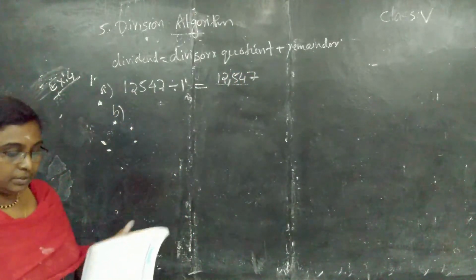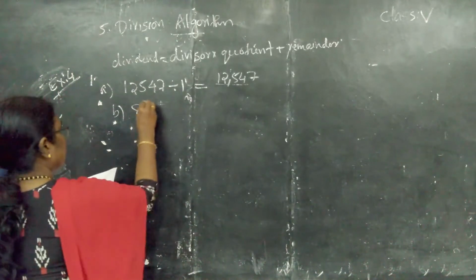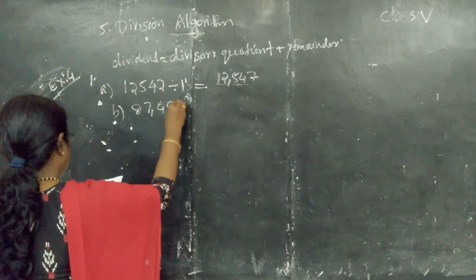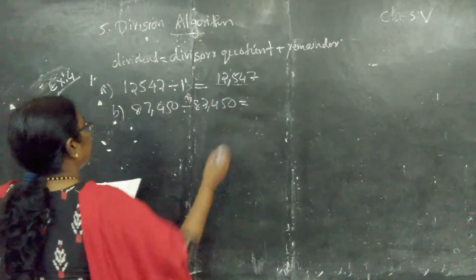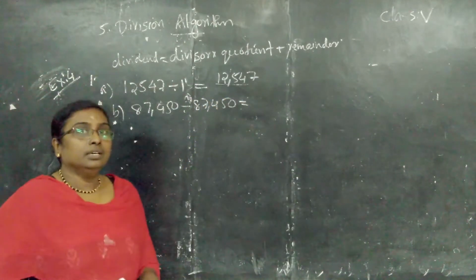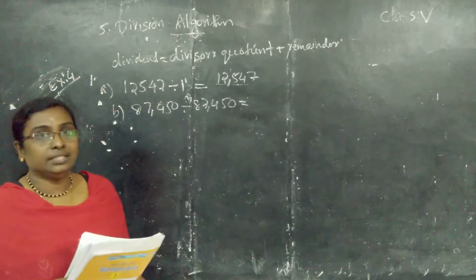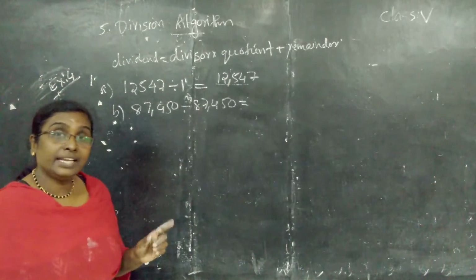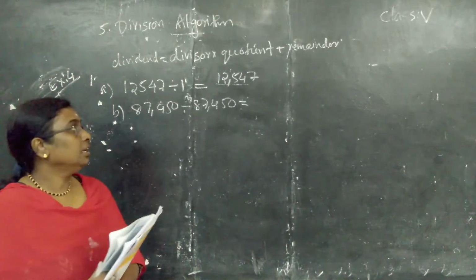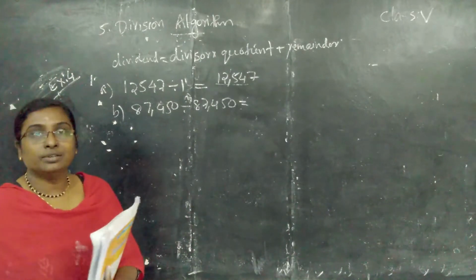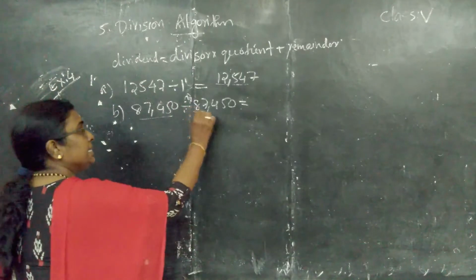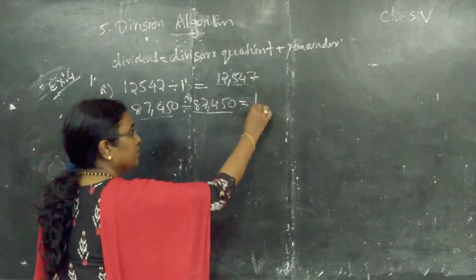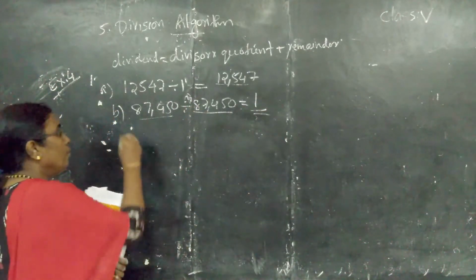B. 87,450 divided by 87,450. What is the second property of division? When a number is divided by itself, the quotient is 1. So the answer equals 1.